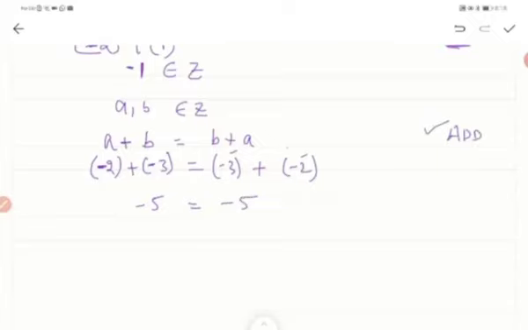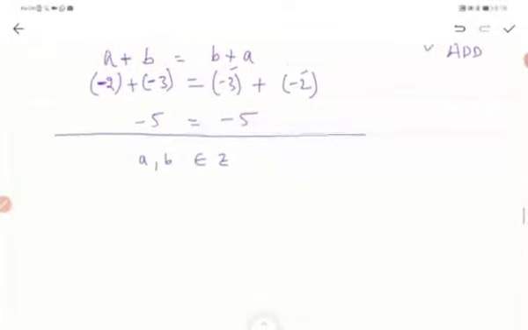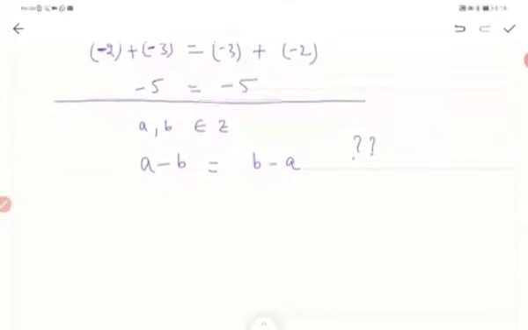Now if you go for subtraction, if I have a and b belonging to Z, you need to just check whether a minus b is equal to b minus a. Do this by yourself and we will discuss this in the Zoom meeting.